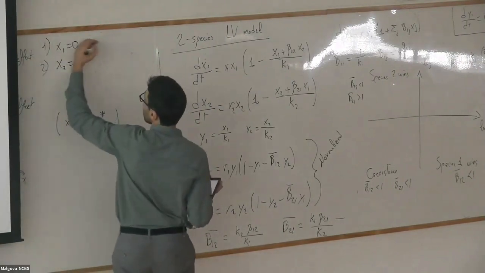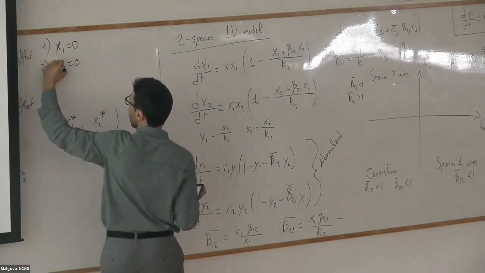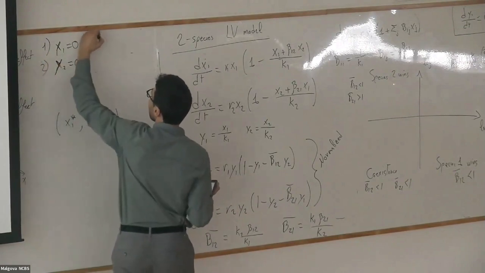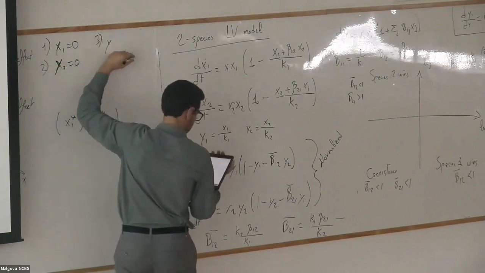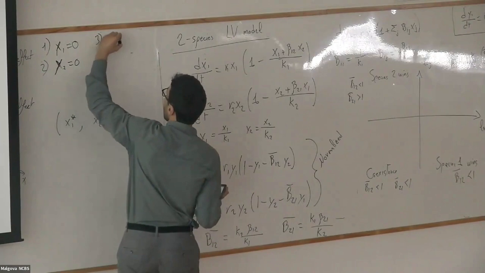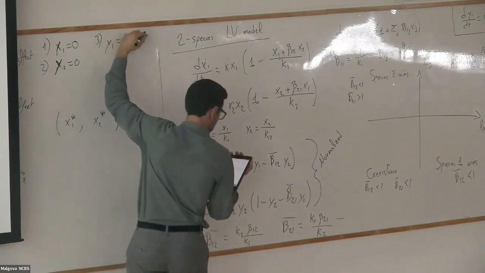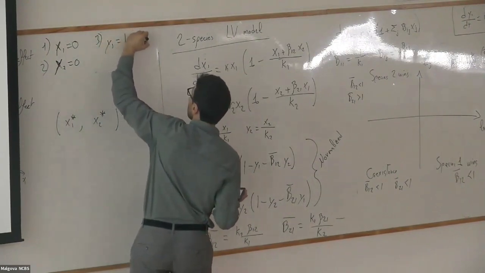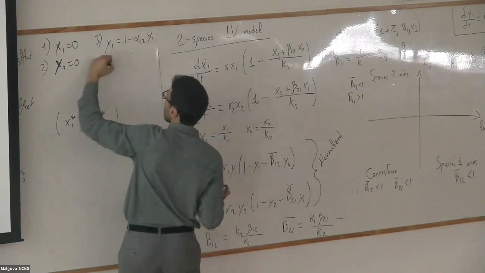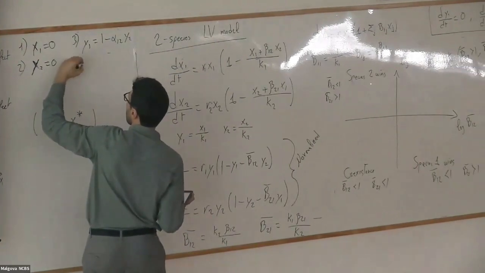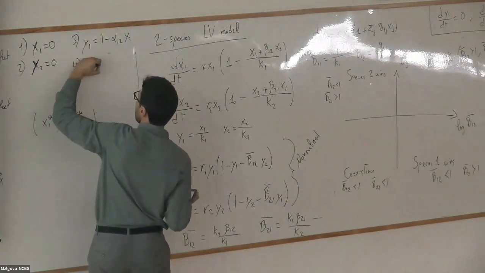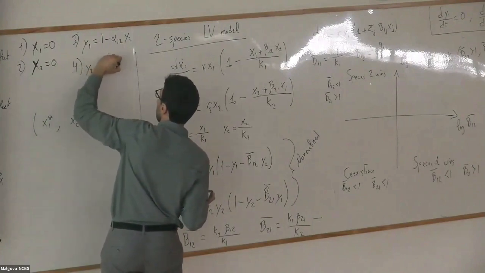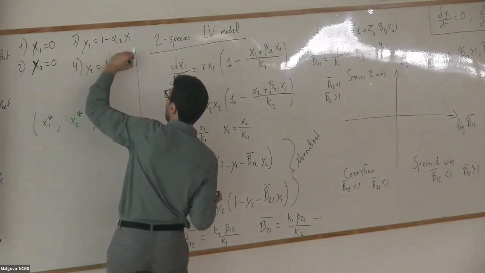And then we have that y1 is equal to 1 minus alpha 1, 2 y2. And the fourth null cline is y2 is 1 minus alpha 2, 1 y1.